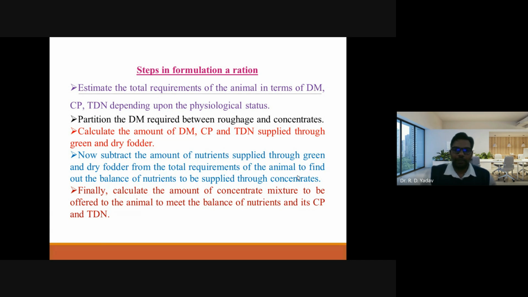In case of cattle and buffalo, it is the amount of milk production, maintenance, growth, whatever physiological state is there, we have to consider during the formulation of ration, and we have to add their maintenance requirement. So now we will consider step by step how to formulate a ration.